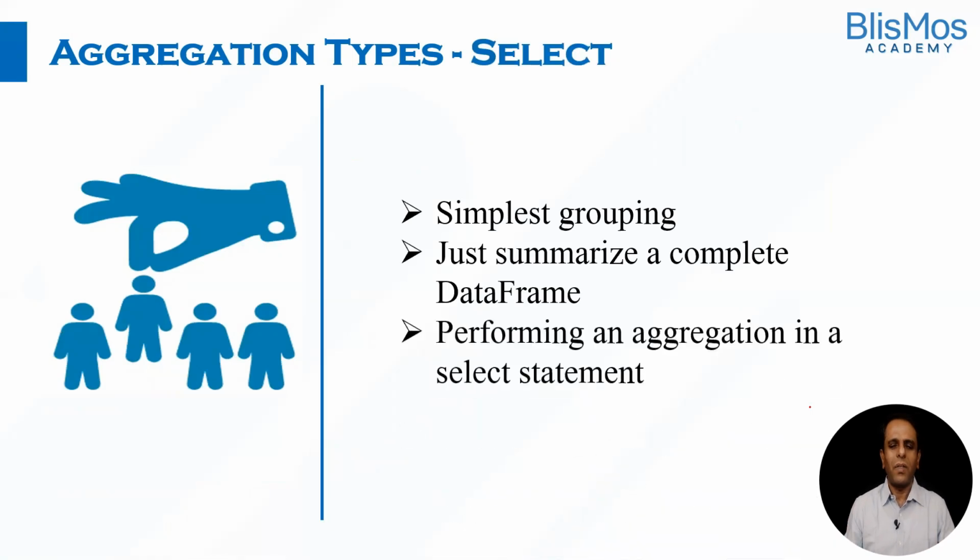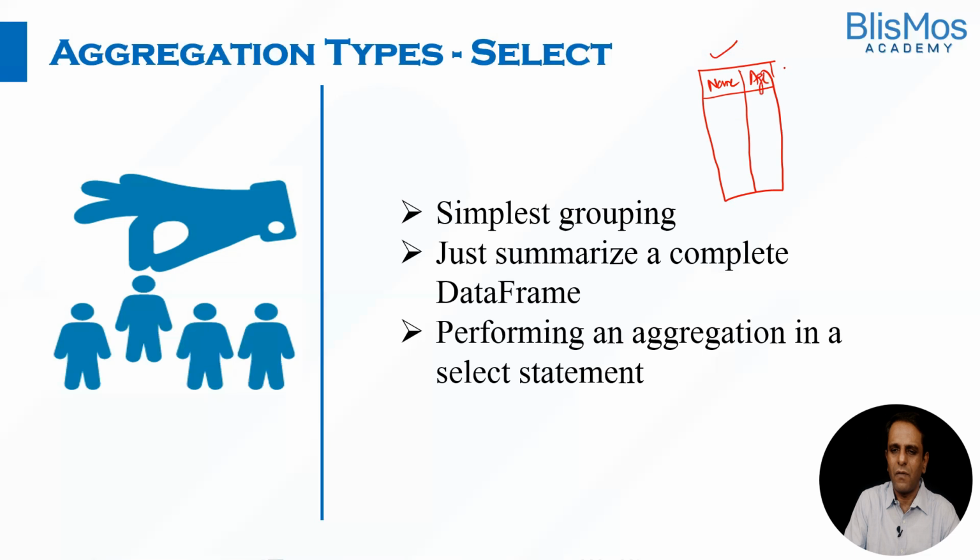What do we do as a part of select? Select is the simplest grouping. If you have two columns, name and age of a person, and you just want the name and age of a person, you can go by select.